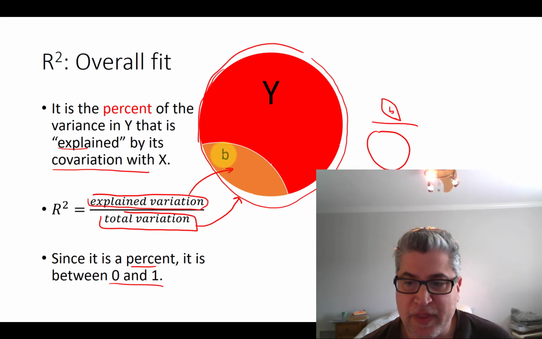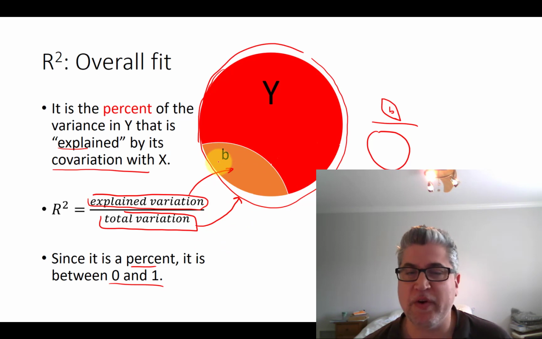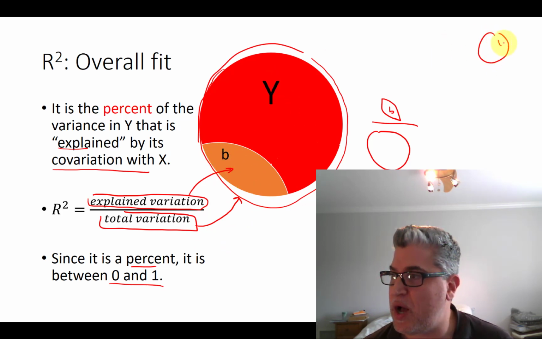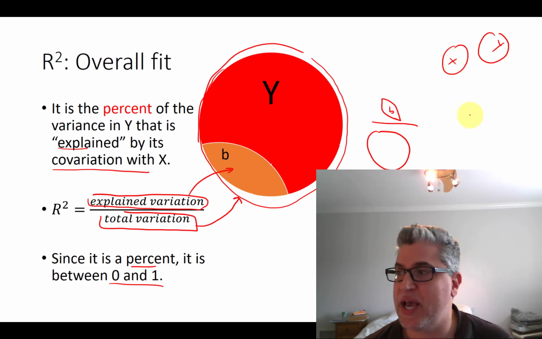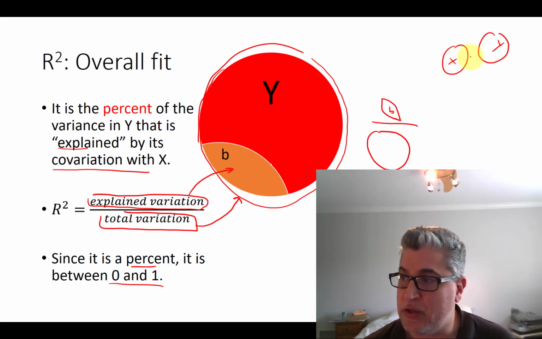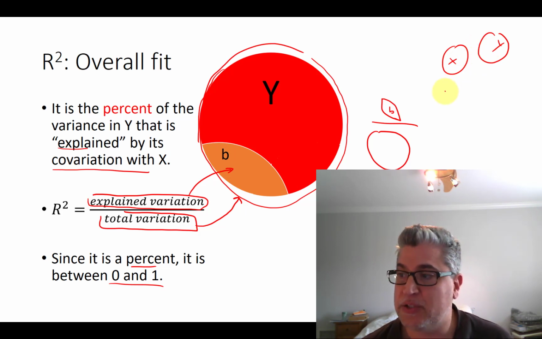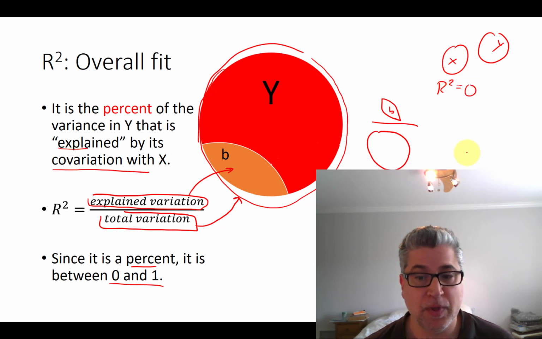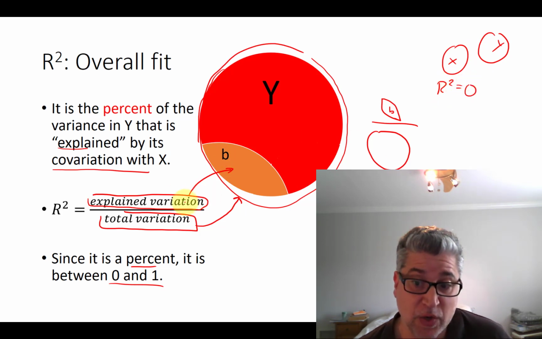Essentially, if there is no orange part, if there is no overlap between x and y, if square footage had absolutely nothing to do with price, then there's no little area of overlap, and so our r squared would be 0, because it would be 0 in the numerator.